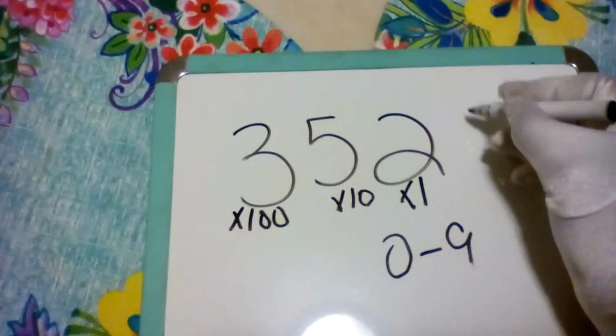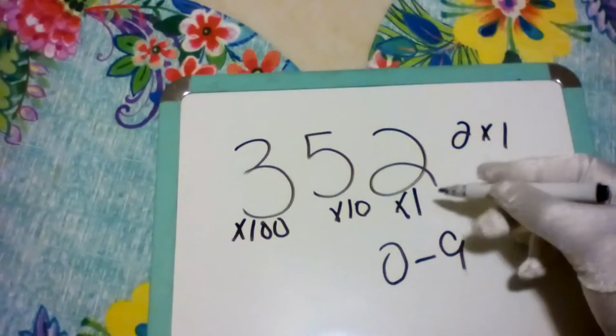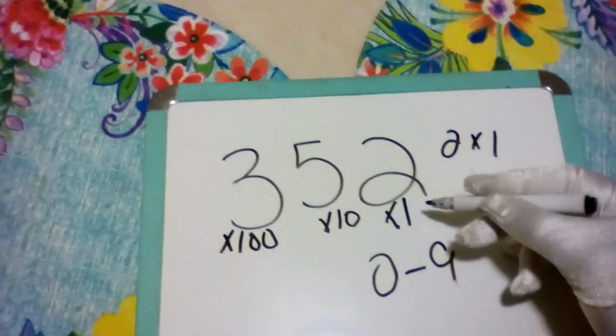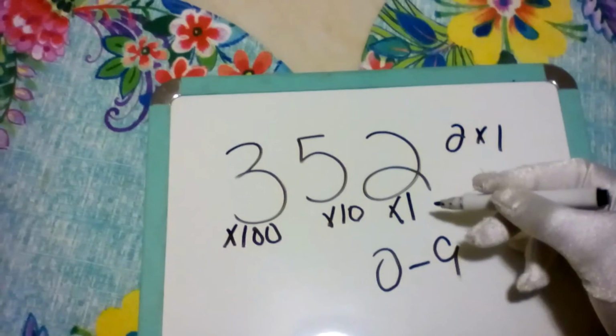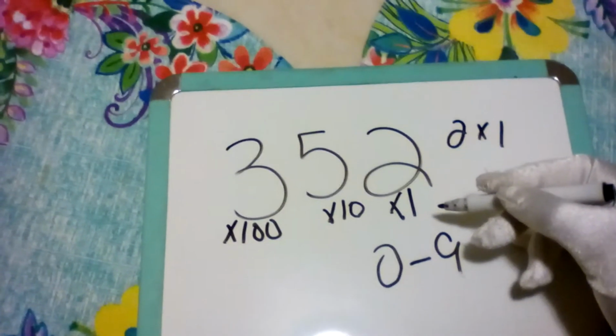So 2 times 1 equals 2, because we multiply the digit 2 by 1 since it's in the ones place, and that's the numerical value of the ones place.